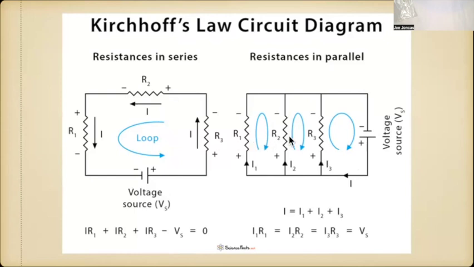So the sum of all of these will equal the current, which is I, remember. So IR is what? E, the voltage. IR1 equals IR2 equals IR3, the current in each one of these times the resistance equals a voltage. And the voltage in each one of these places from here to here is going to be the same. Which, by obviously just looking at it, we should know that, right?